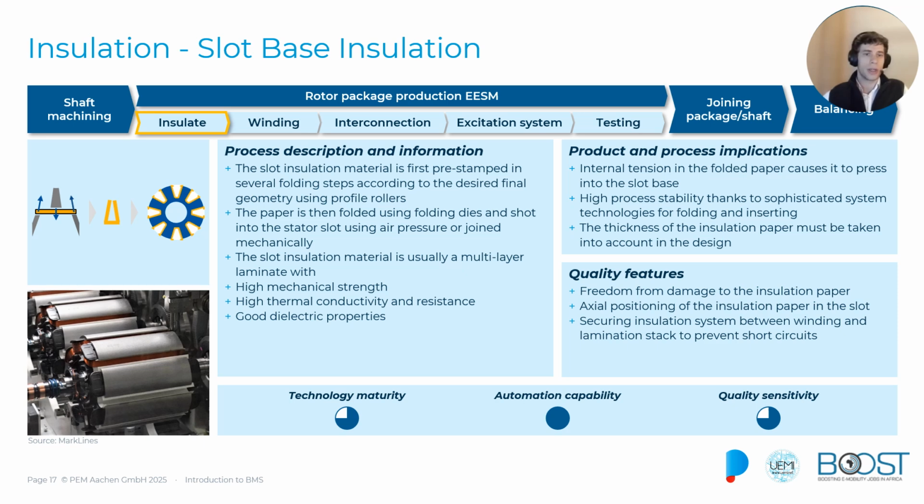Then, insulating material, such as paper or plastic films, is cut to fit the slot dimension and inserted into each slot base. Of course, we have to keep the insulation paper free from damage and have to take the paper thickness into account in the design of the rotor.